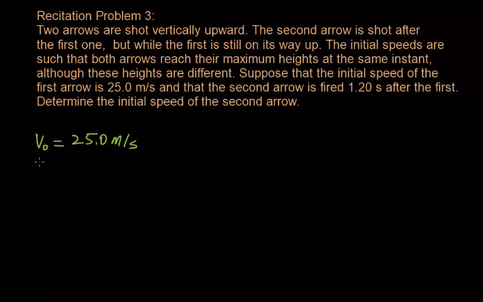We know the final velocity, let me write down v01 here because I have two objects moving. The v final, which is at the highest point for arrow number 1, is going to be 0. I'm going to write v1 also. 0. We know at the highest point the velocity is 0 because the object comes to perfect rest.